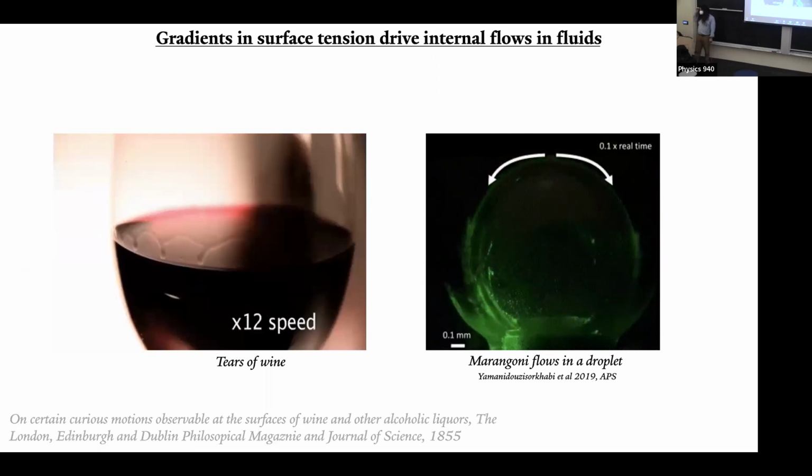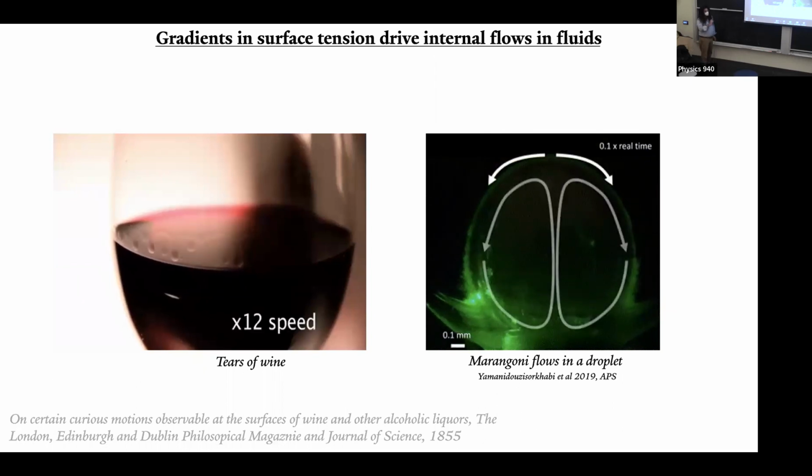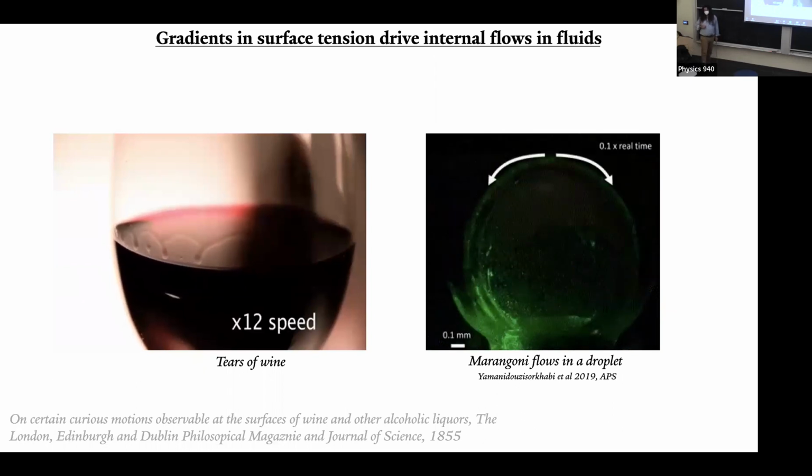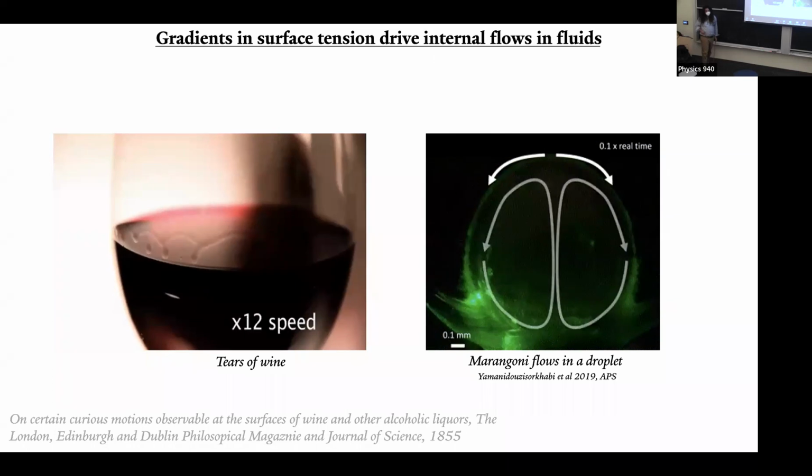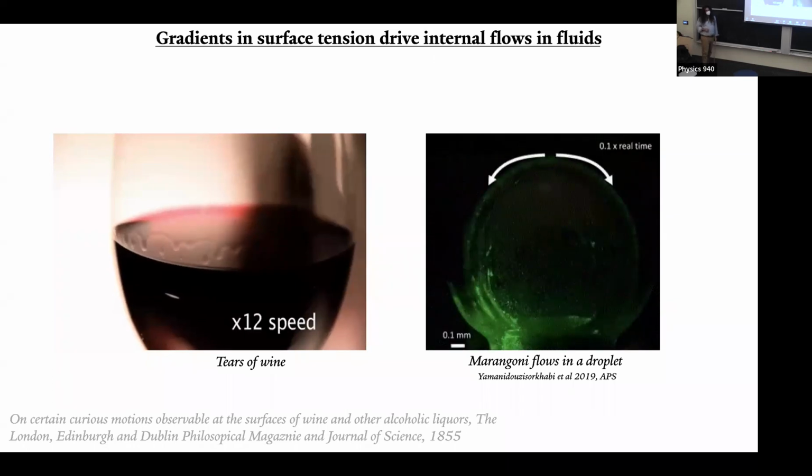Next we want to talk about not just a more static process like the size of aggregates, or I guess dynamic if we call it growth, but collective motion. I'm going to liken it to a phenomenon that I'm sure you've seen, which gives away most of the interesting elements later: Marangoni flows.